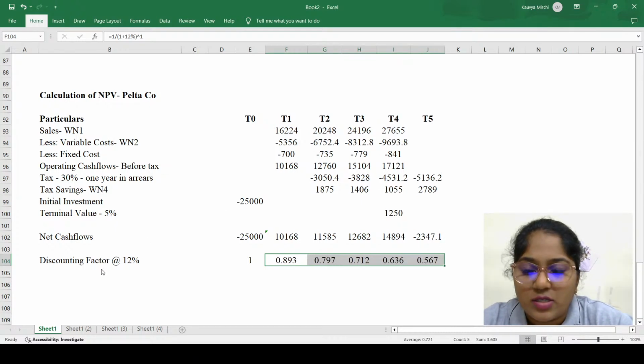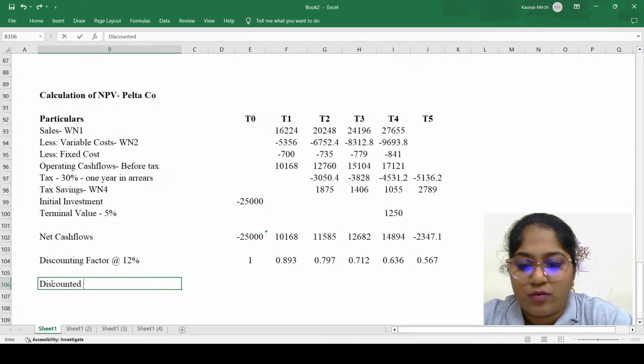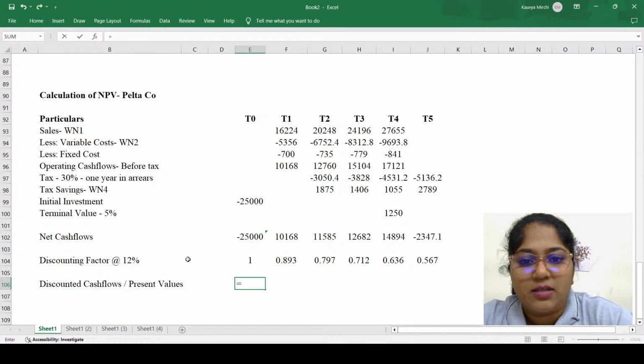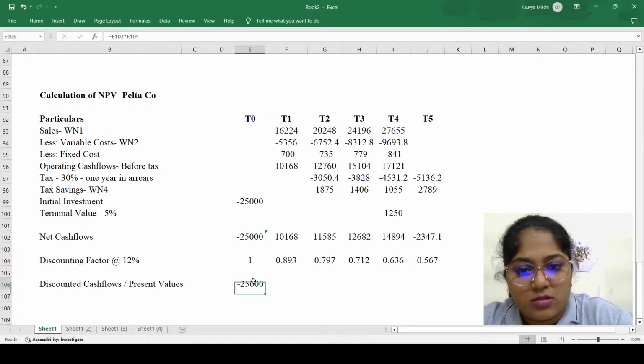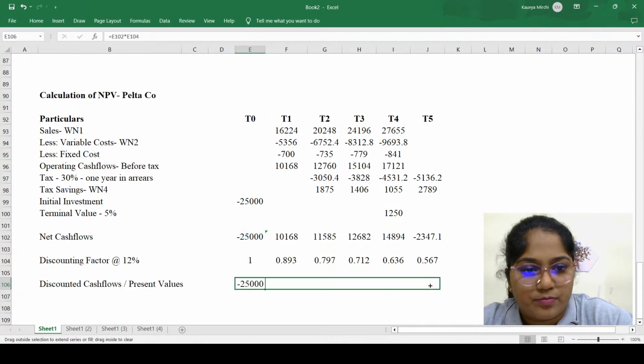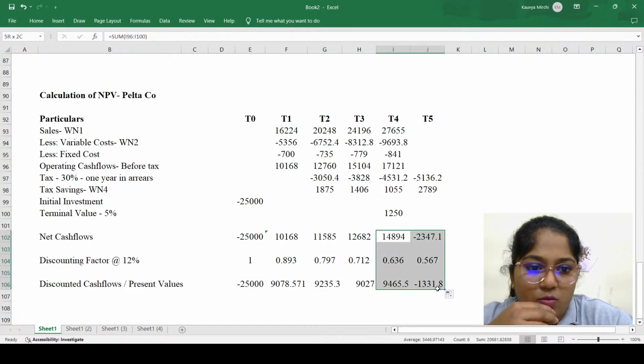Okay. So discounting factor. Now I'll go find out the discounted cash flows. You can write present values, whatever you feel like writing. Okay. So multiply the net cash flows with the discounting factor. So drag it to all the years. Just if possible, round it off.